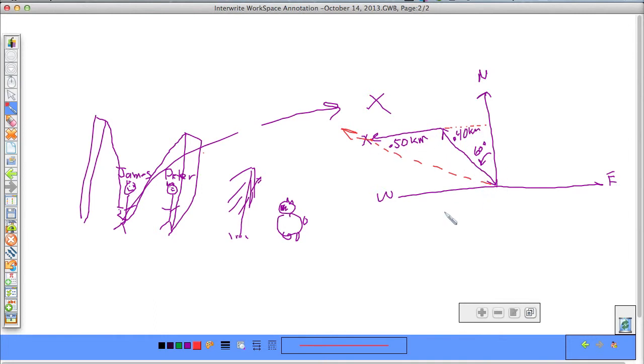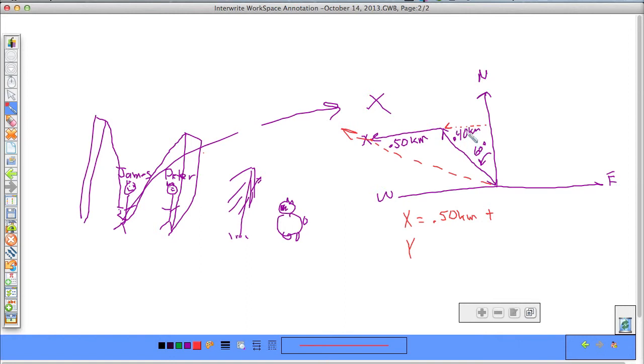So really what we want to do is say, what are all of our x vector components and what are all of our y vector components? The x vector components are going to equal this one plus this one. So we're going to have that 0.50 kilometers in the x direction, which is west, and we'll call west positive in this case, plus we need to figure out this component, because this 60 degrees west of north angle has both a west and a north direction.